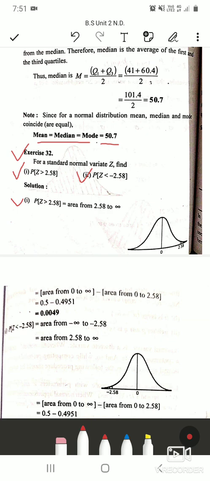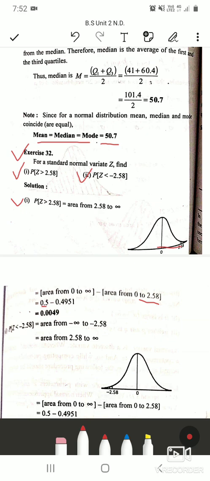First, the area from 0 to infinity is 0.5. In that, if you subtract the area from 0 to 2.58, we will get the area from 2.58 to infinity. So it is 0.5 minus 0.4951, the area under 2.58. Therefore it is 0.0049. So this is the probability of Z greater than 2.58.